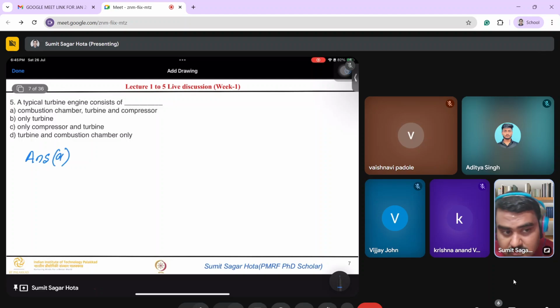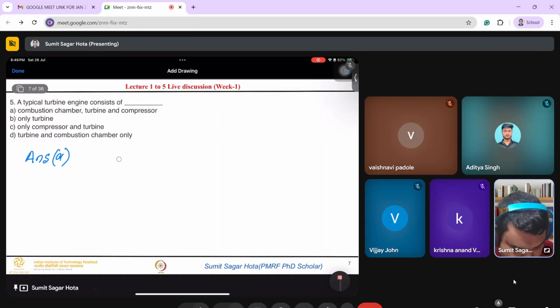But if the question changed to a fighter aircraft, because in fighter aircraft we need high efficiency, there is one more additional section, which we call the afterburning section.